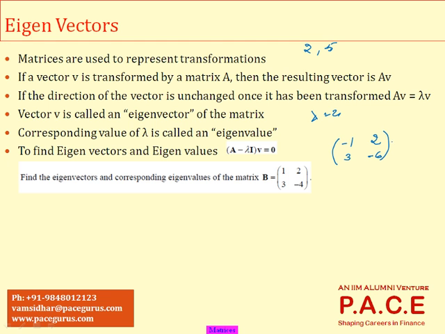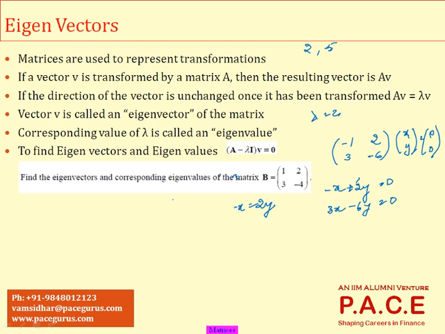This is your resulting matrix, multiplied by (x, y) equal to (0, 0). So how do you get it? Minus x plus 2y equals 0, and the second one comes out as 3x minus 6y equals 0. So it comes out as x equals 2y.